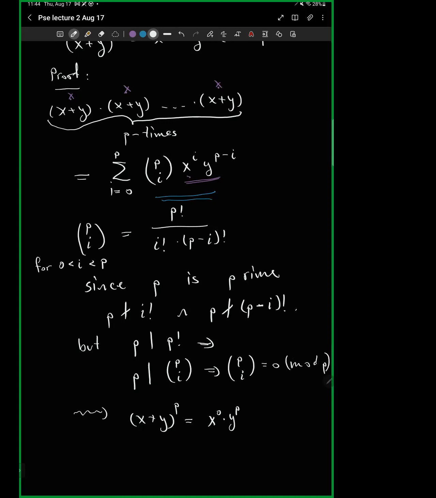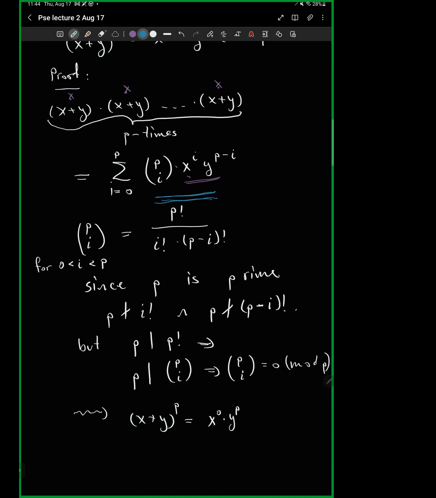So all these expressions here in blue, where i is not 0 or p, they all have a coefficient which is 0 modulo p. So they all vanish.